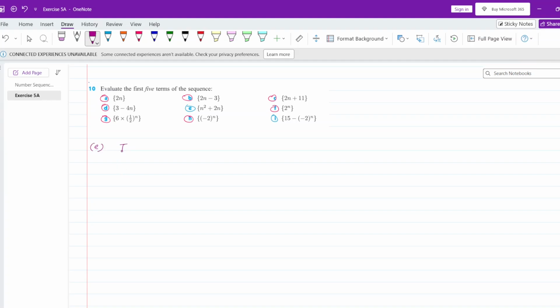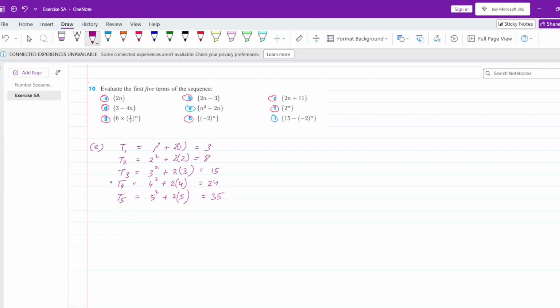For e, t1, that is the first term, is going to be 1 square plus 2 times 1, that is 3. t2 is 2 square plus 2 times 2, that is 8. t3 is 3 square plus 2 times 3, that is 9 plus 6, 15. t4 is 4 square plus 2 times 4, 16 plus 8, that is 24. t5 is 5 square plus 2 times 5, 25 plus 10, 35.